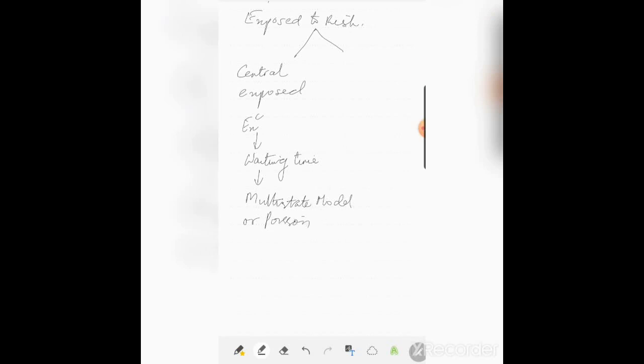We're also supposed to define the initial exposed to risk.